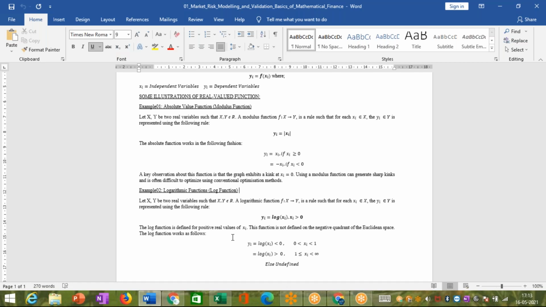There are some specific advantages of a log function. One of the most important characteristics of a log function is that it is defined for positive values. It is not defined for the negative set of values, right? So for negative values or for zero, the log function is undefined.